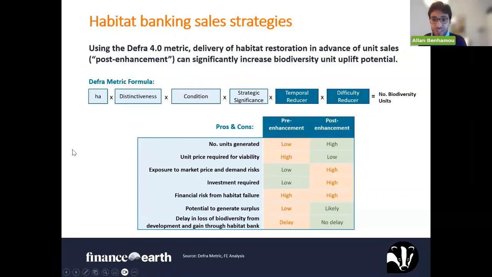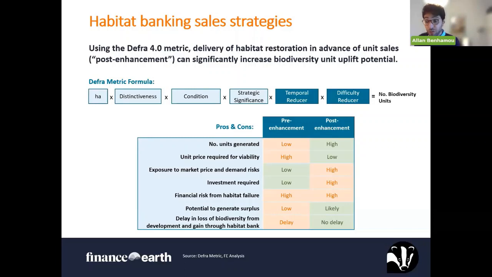Again, before I move on to the development of the business case, I just want to also provide a bit of an overview of the different sales strategies and the different approaches, and talk a bit about methodology and the definitions. So, as you may be aware, DEFRA has published a metric which enables a property developer, but also a BNG site developer, to assess the potential biodiversity uplift on a specific area, and it's called the DEFRA metric.